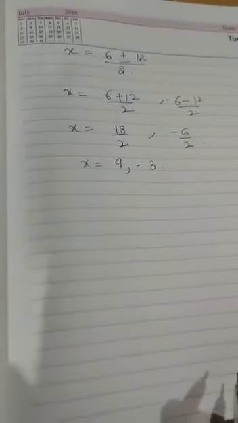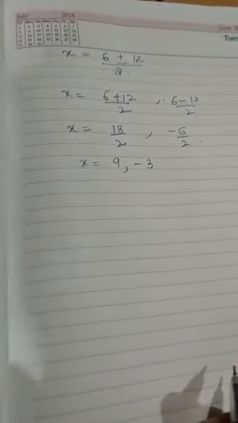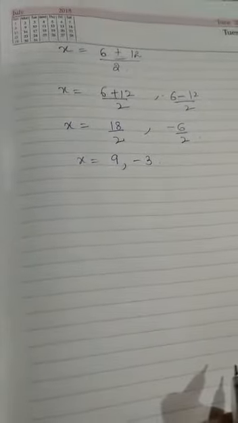So x is equals to 18 by 2, and minus 6 by 2. So x is equals to 9 and minus 3. So values of x are 9 and minus 3.